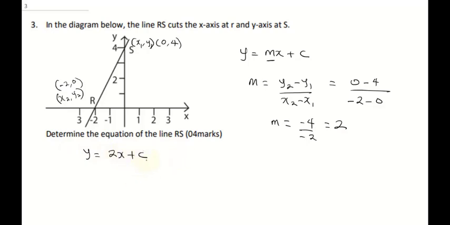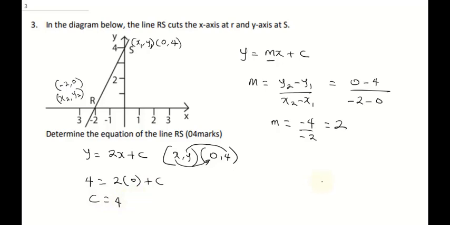So in order to get our c, which is our intercept, we need to solve this equation at x comma y being 0 comma 4. So from here, our y is 4 and x is 0. So we are going to put this into the equation. This will be 4 is equal to 2 times 0 plus c. And from here, you can get your c as 4. Therefore, you can represent your equation to be y equal to 2x plus 4. So this is the equation of your line.